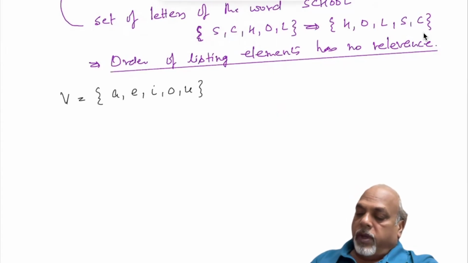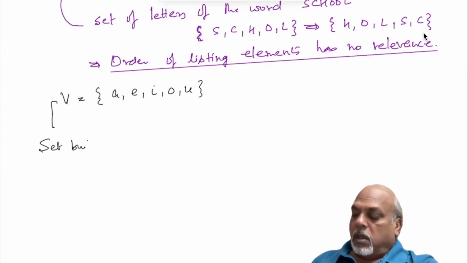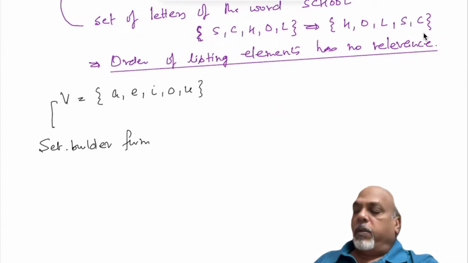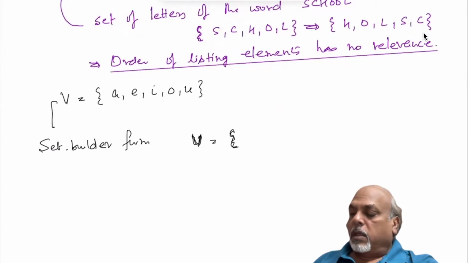Now, if we write this thing, this is a roster form. Suppose we write this thing in set builder form, then how can we write it? V equals, in the same bracket, x. x is the element.